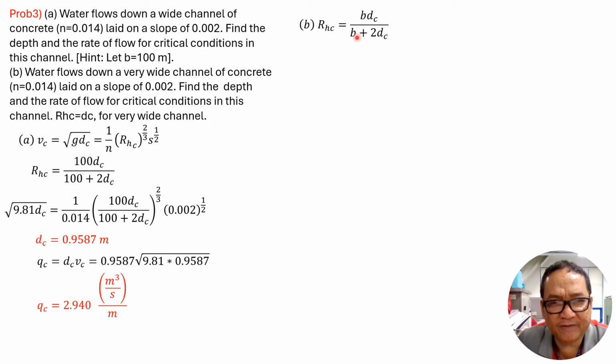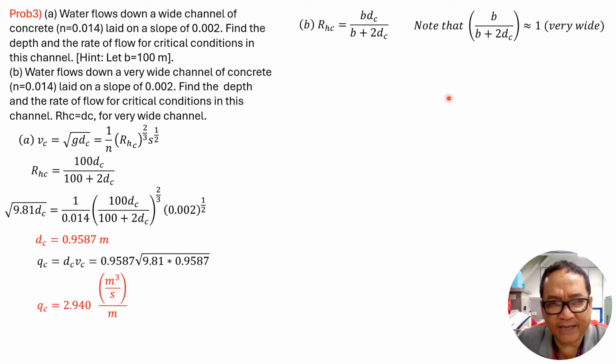So that's why we can let that equal 1, so that the hydraulic radius critical is equal to the critical depth.